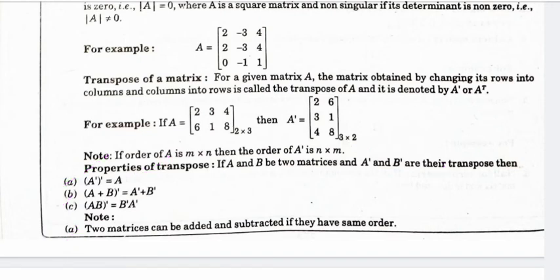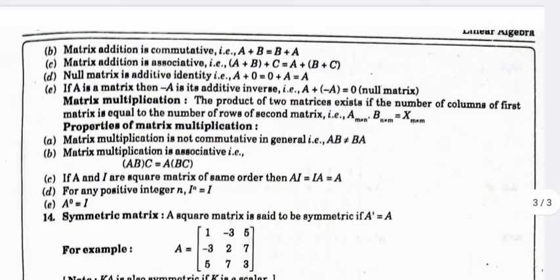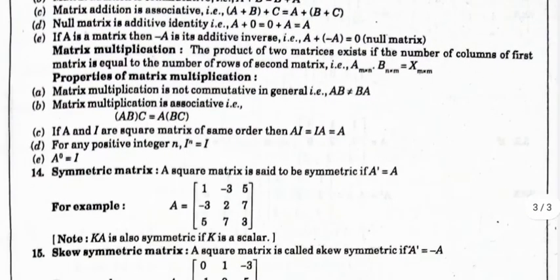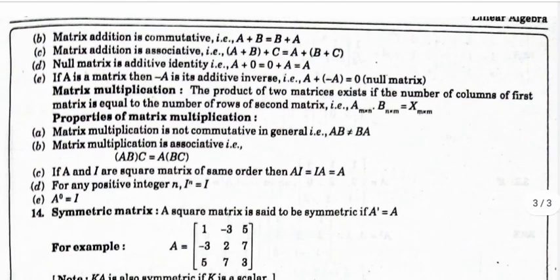Now come to the other notable points. Point A: matrix addition is commutative, meaning A plus B is equal to B plus A. Point C: matrix addition is associative, meaning using the parentheses first, (A plus B) plus C is equal to A plus (B plus C).